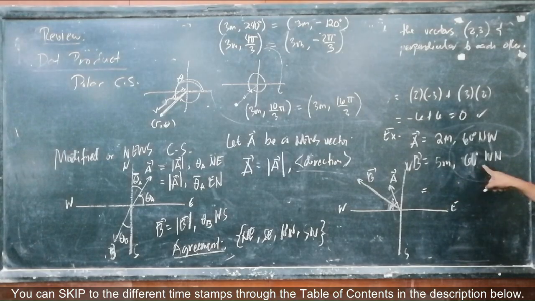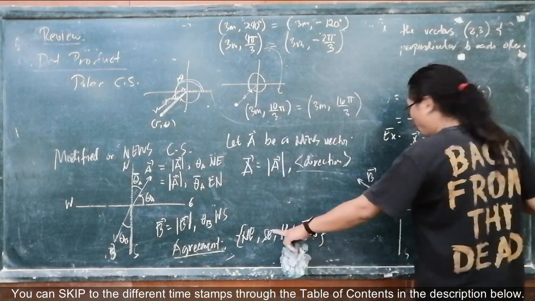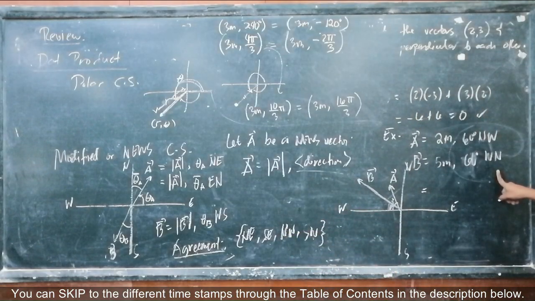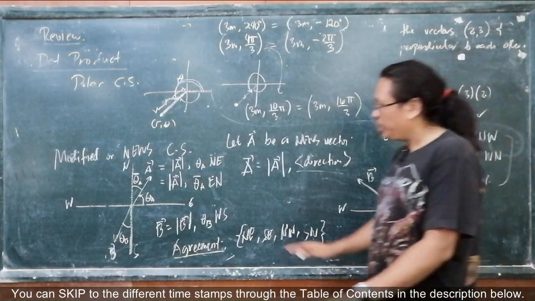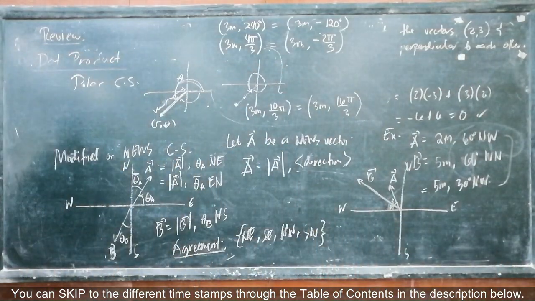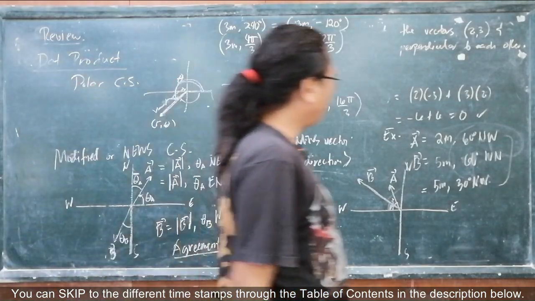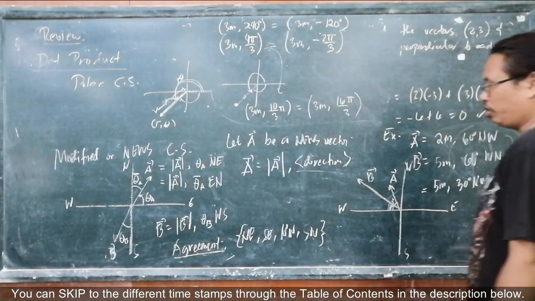I can convert this into the northwest direction: this is still 5 meters, and 90 minus 60 would be 30 degrees northwest. Now they have the same direction. Okay? So we can just use that one, no? To avoid a lot of confusion, we can have this convention, no?